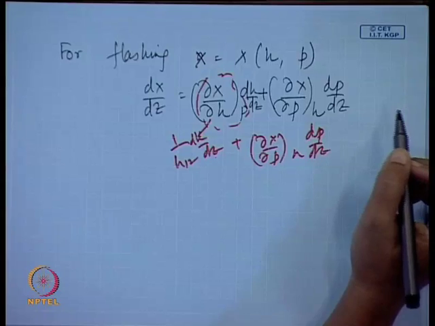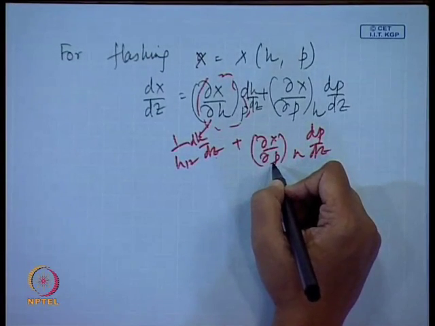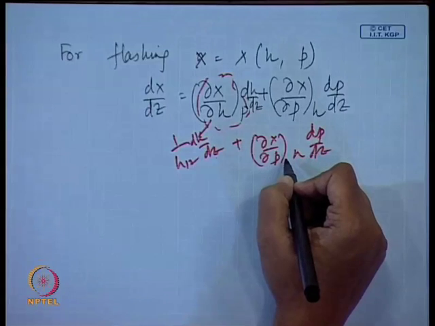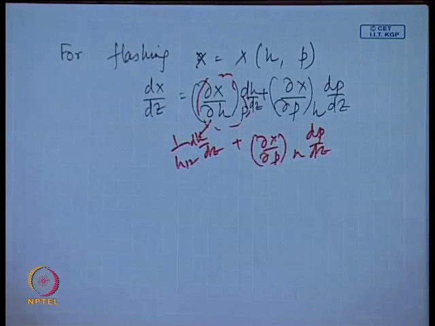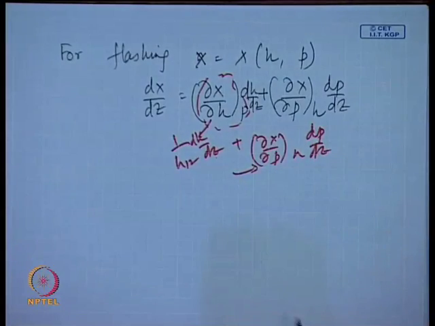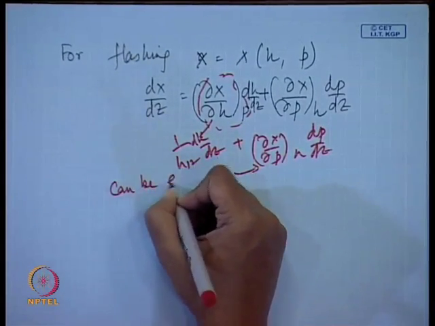Now, we can find out del x del p at constant h if the thermodynamic path is known, isn't it? Once we know in what particular path we are going to affect the phase change, we can find out this particular term.